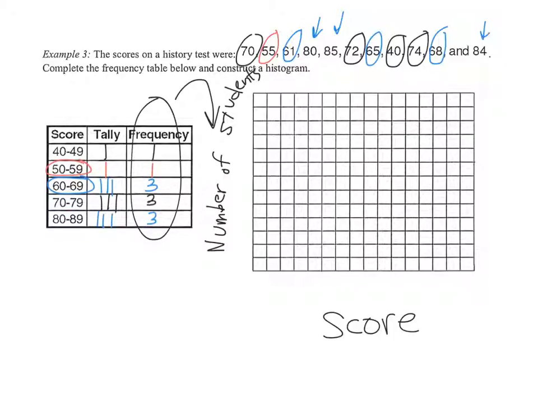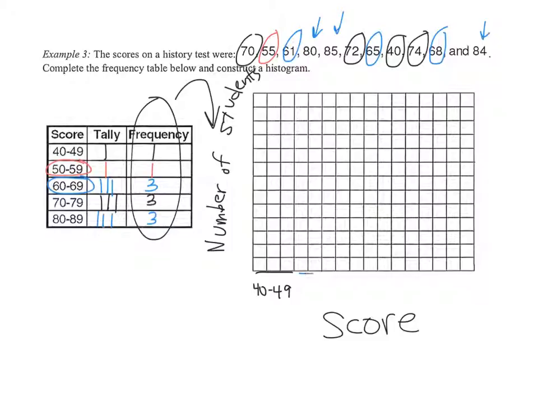We need to fit 5 boxes going across here. 1, 2, 3, 4, 5, 6, 7, 8, 9, 10, 11, 12, 13, 14, 15, 16. So we can make each box 3 units wide. So 40 to 49 is going to be right here.